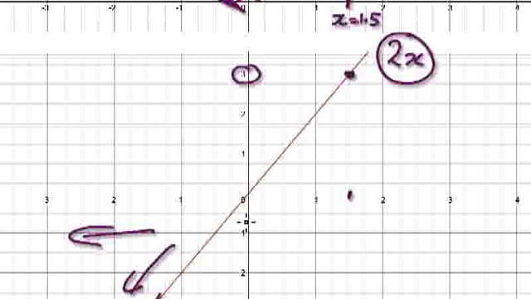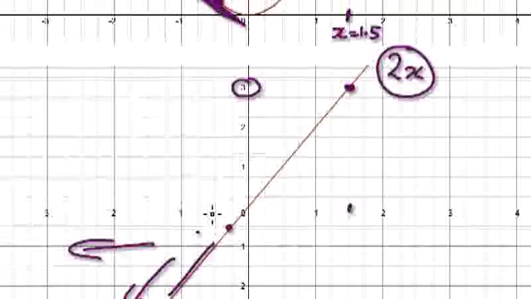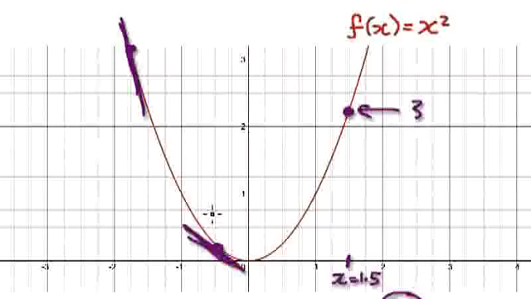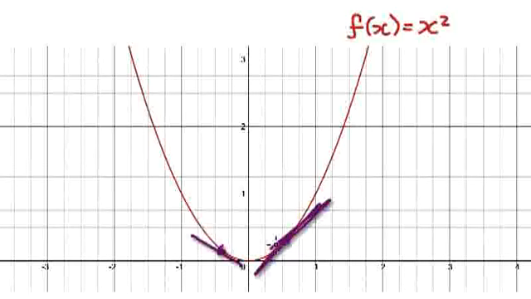So on the left hand side the gradient is negative, and then as you move to the right hand side, you can see the gradient is positive.